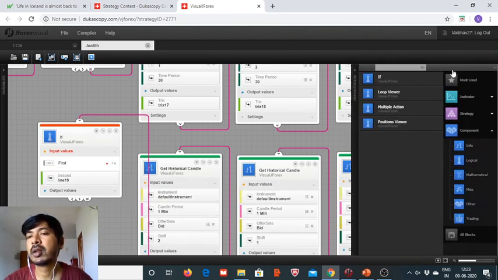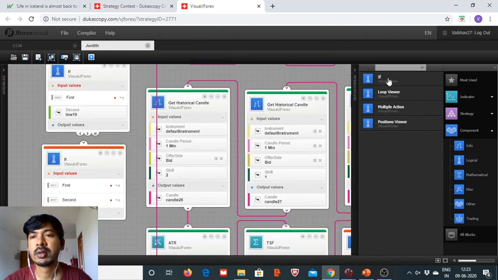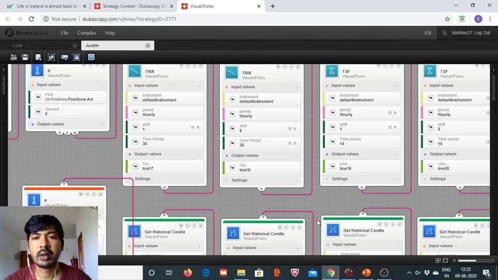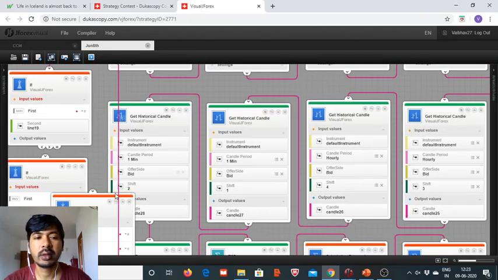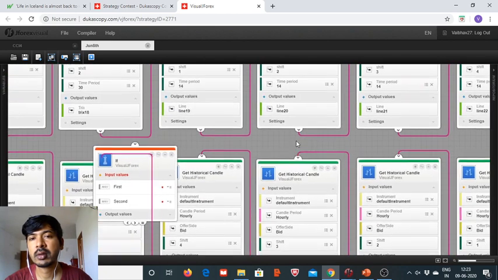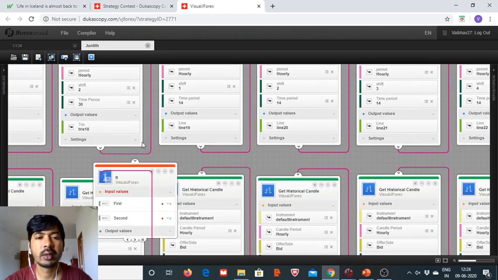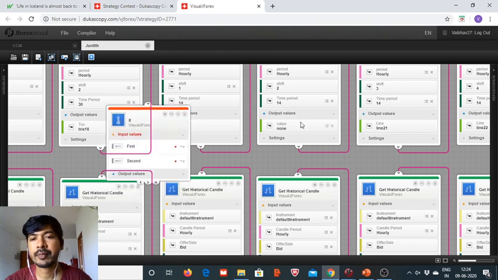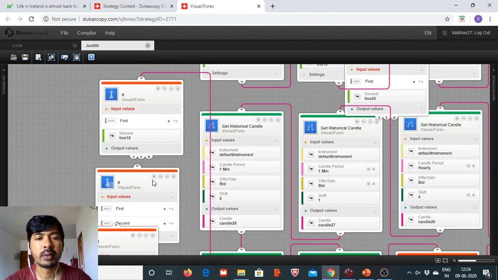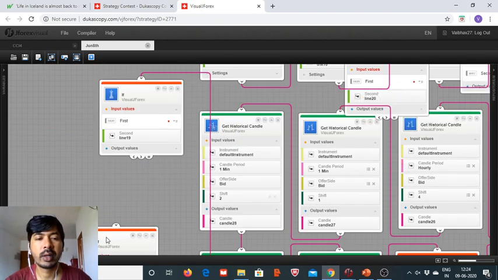So let us bring in 4 E blocks all at once, and then we try to define it. So here line 19, then comes line 20, then comes 21 and 22.